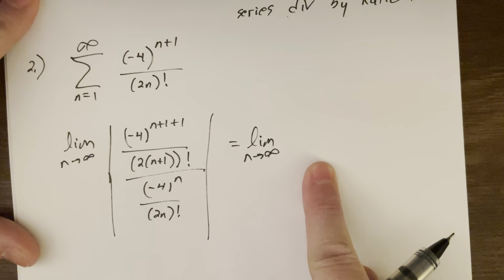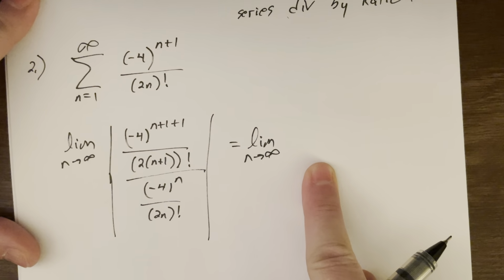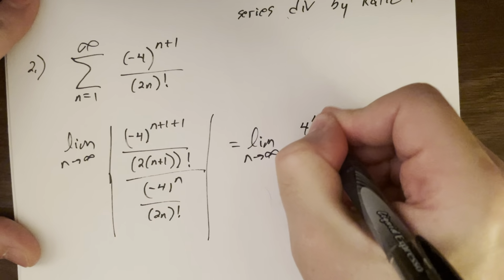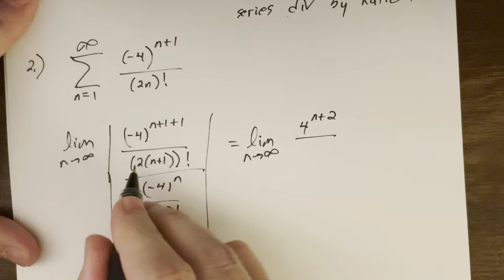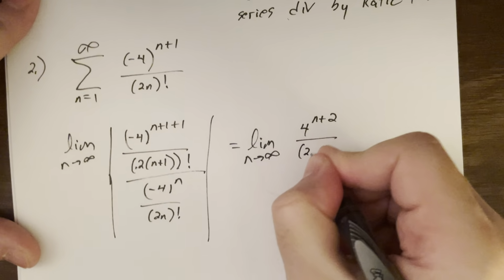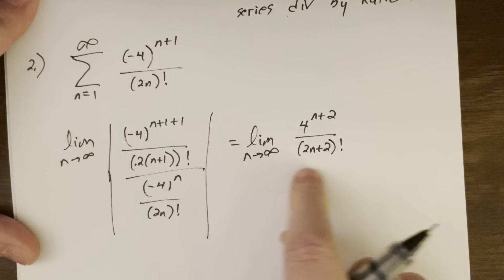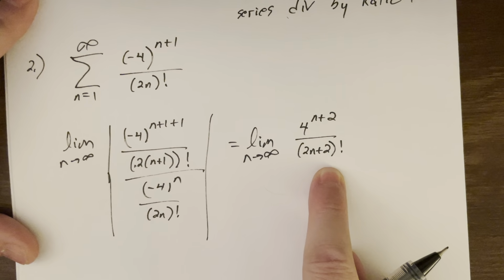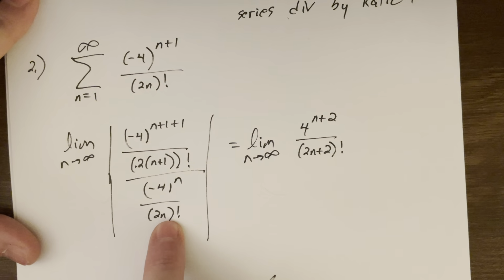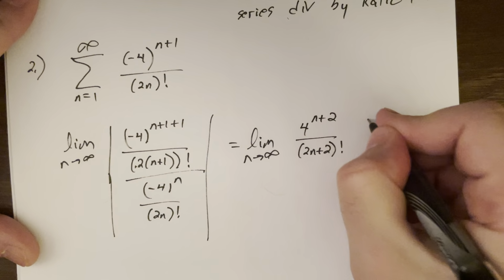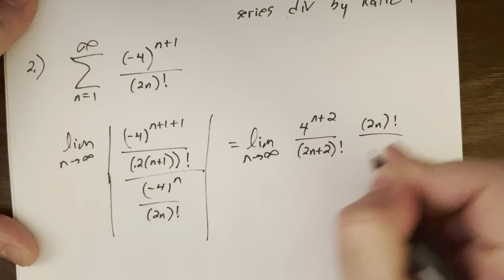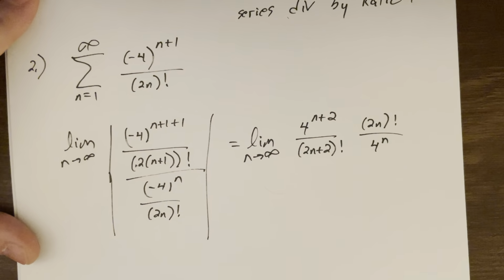They already start cleaning up with the absolute value. They already start cleaning little things up like n plus 1 plus 1 is n plus 2. Here, if you distribute, that becomes the quantity 2n plus 2 factorial. And then here, instead of writing this dividing by a sub n, they already jump into multiplying by that reciprocal.